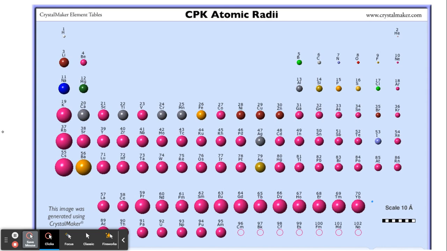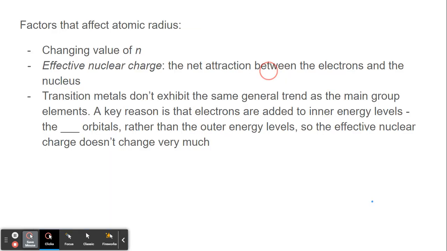So atomic radius increases as you go down because you're adding shells, but the trend doesn't hold for the transition metals because you are filling the interior orbitals, not exterior ones.